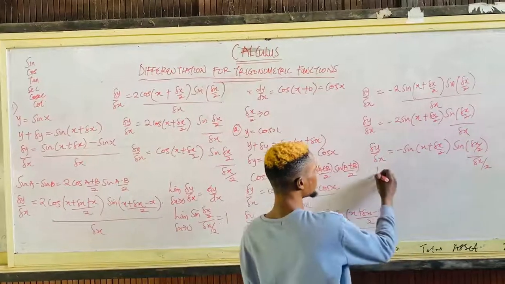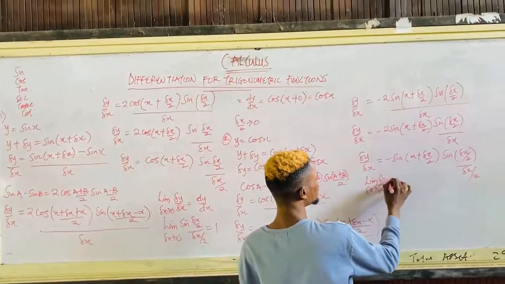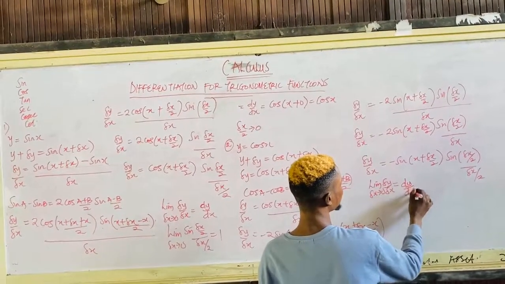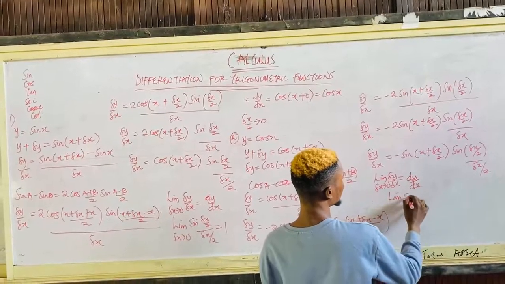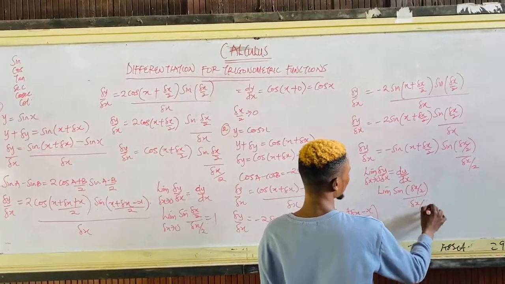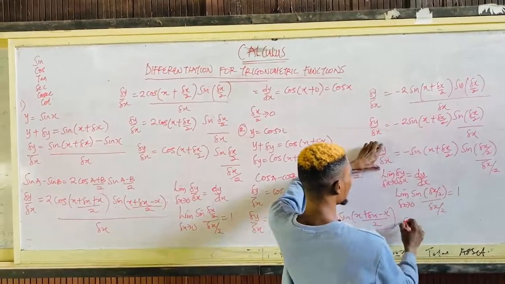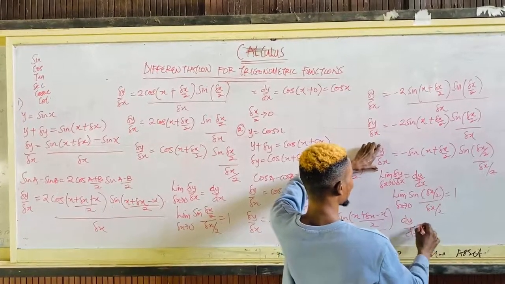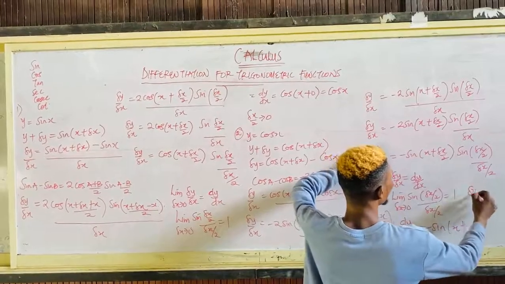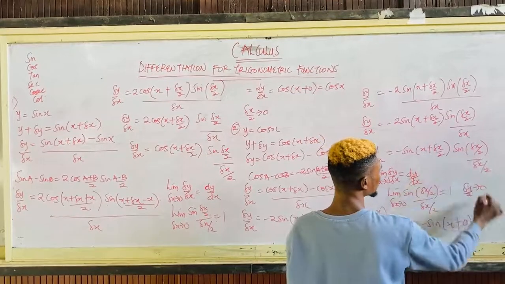So we take the limit as del x tends to 0. The limiting value gives dy dx, and the limit of sine (del x all over 2) all over (del x all over 2) as del x tends to 0 is 1. So that gives dy dx as minus sine x, since del x over 2 tends to 0, and this is 1.